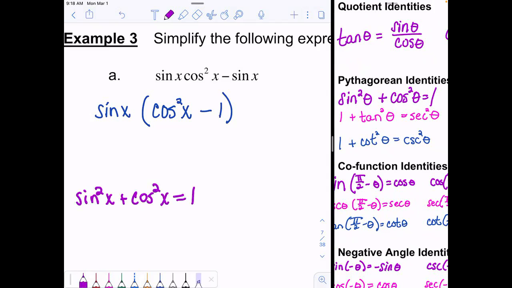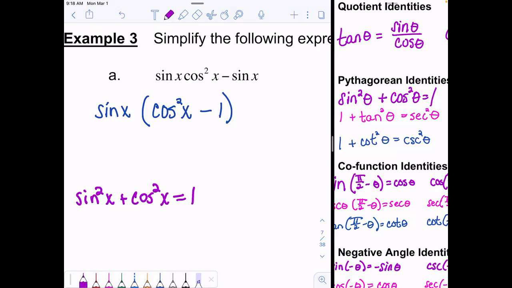That's the identity. Is there a way to manipulate this identity so that it says cosine squared minus 1? Because I want to use substitution. And if I can change this identity so that it becomes cosine squared minus 1, then I can use substitution.